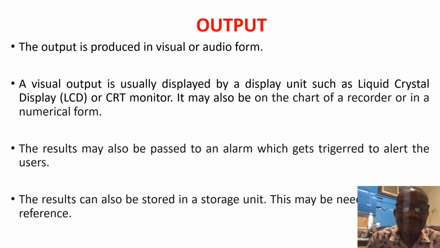And results may also be passed on to an alarm. If there is a situation that needs urgent attention, the alarm will be triggered to notify people around that there is need to attend to the patient. And results can also be stored in a storage unit.